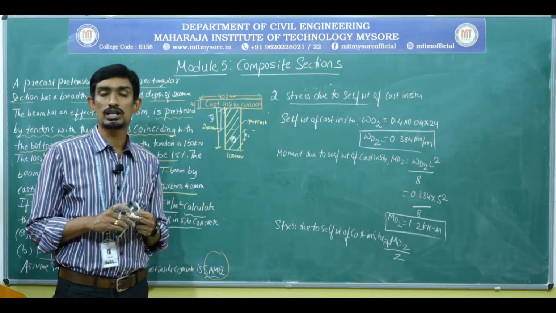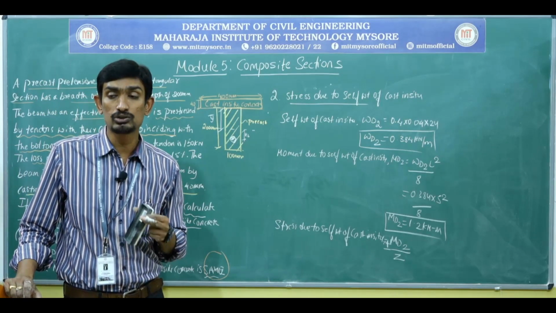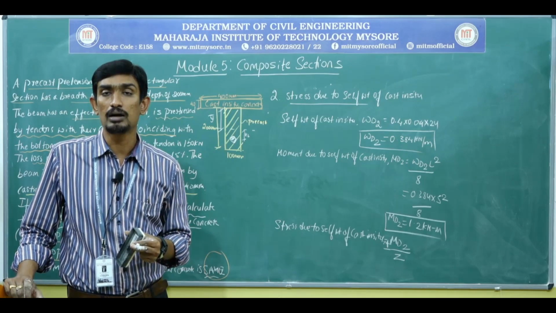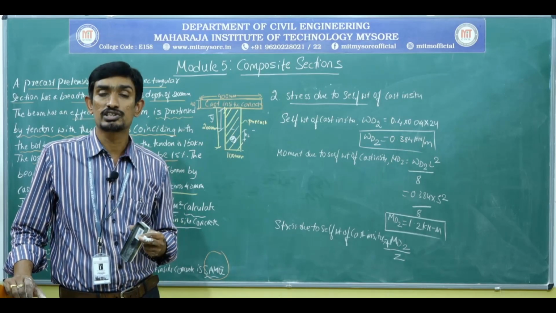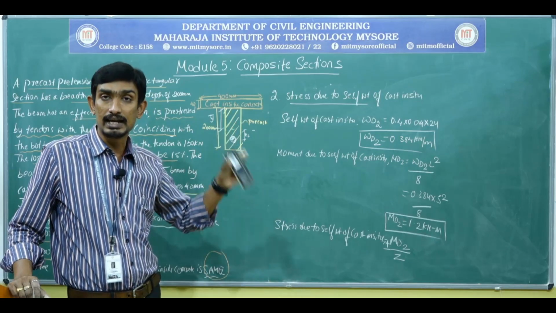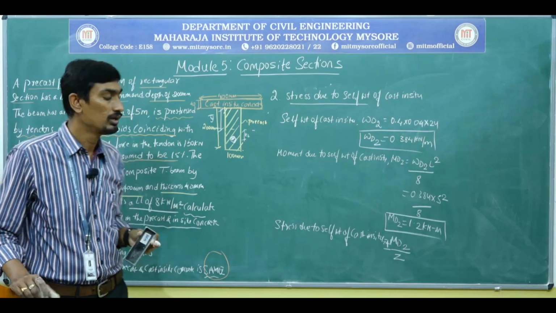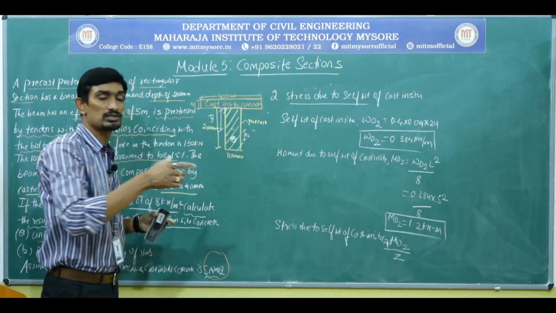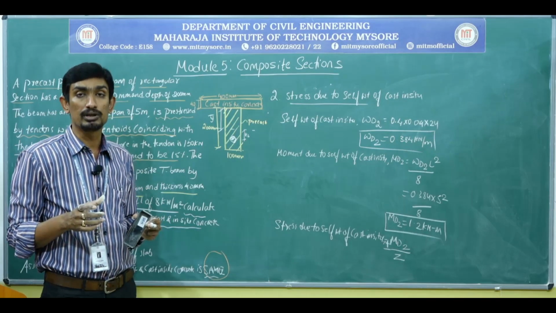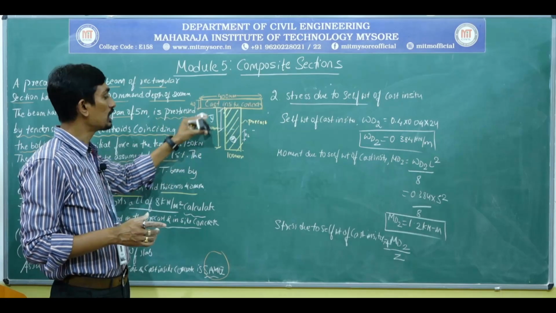Since the cast in situ slab I am placing is in unpropped case, please note down, in unpropped construction, I am going to calculate the stresses due to self-weight of cast in situ slab in this way, and the Z which I am going to consider is that of the precast, because the cast in situ I am going to place on that in the unpropped case.